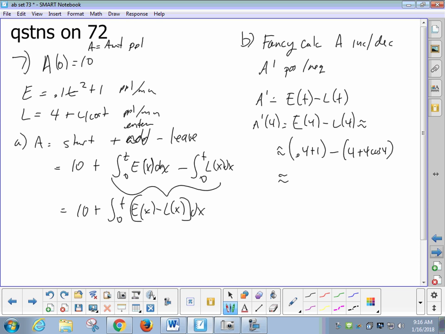I got negative 0.785, I'm in radians. Oh, it should be 1.4. Mine's going to be wrong.